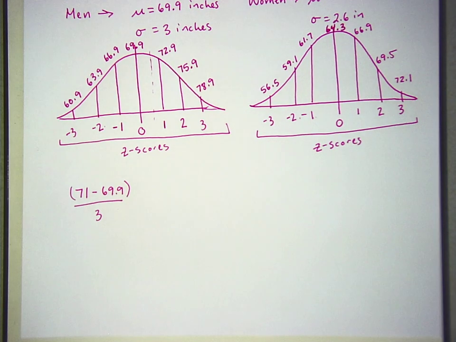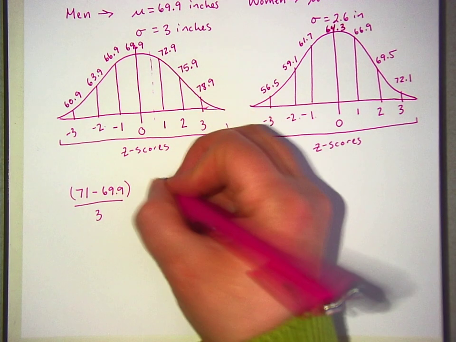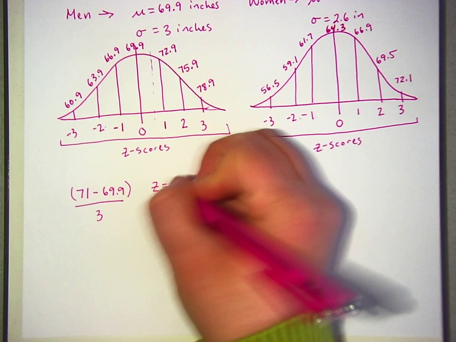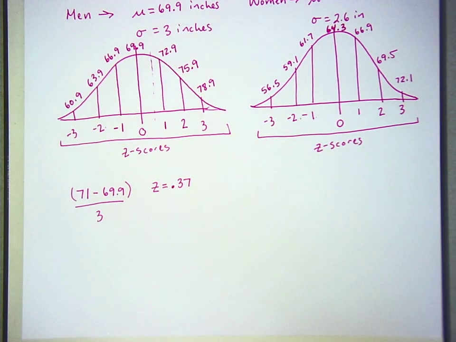Looks like my picture wasn't great. So the z-score is 0.37 for Gavin.